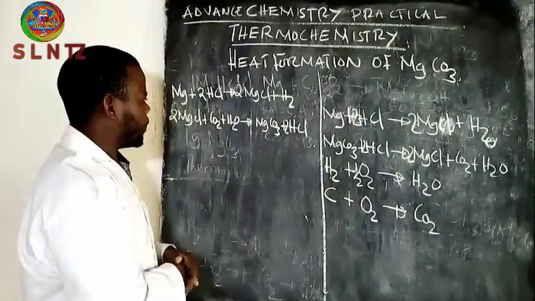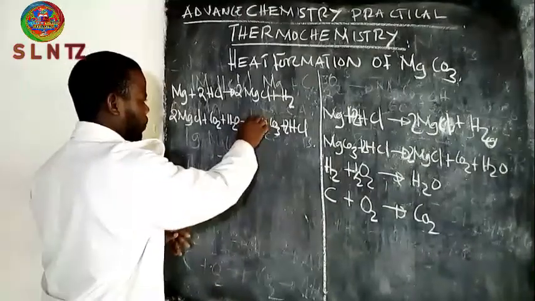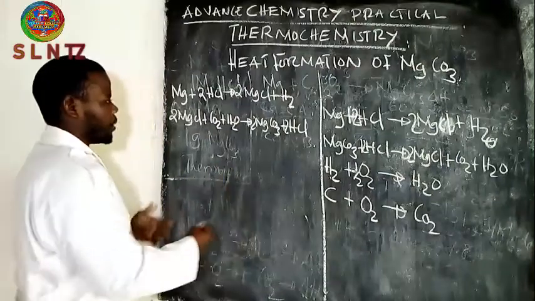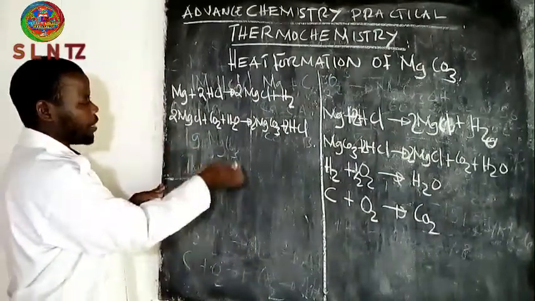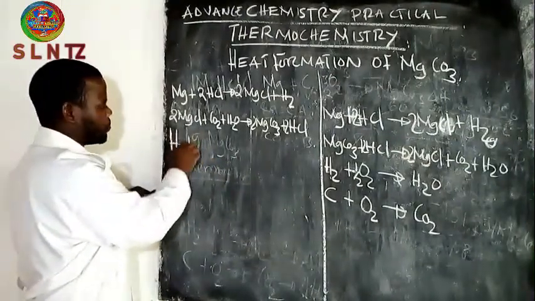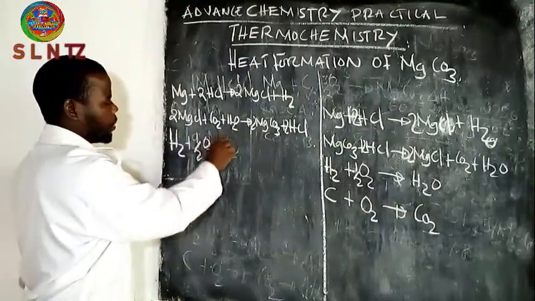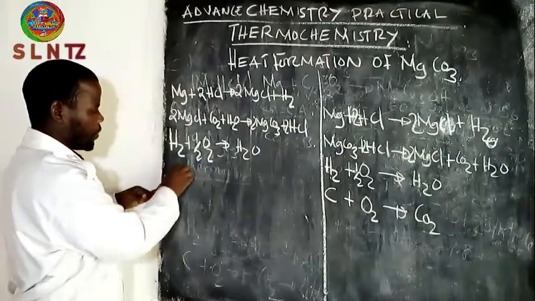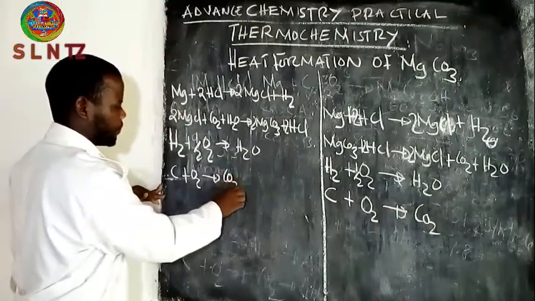Do you see? I think you see. You can balance whatever is possible. The third equation is still as it is, plus oxygen, we give water. And the fourth reaction gives carbon dioxide.